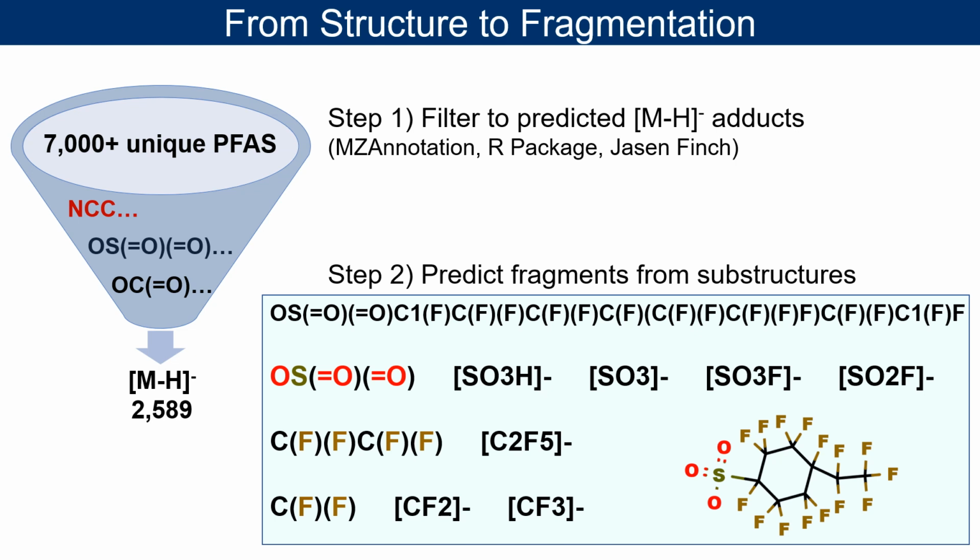And so it will assign those fragments to this structure. Also, we see a carbon-fluorine chain that's 2 carbon-fluorine units long. So let's assign the common fragments to this carbon-fluorine chain of C2F5 minus, CF2 minus, and CF3 minus, and so on and so forth. So it breaks it up into substructures and assigns common fragments, and then screens for those fragments. And if one or more fluorine fragment is found, then it gives a potential structure. And if multiple potential structures exist, it ranks them by the number of fragments it was able to annotate.